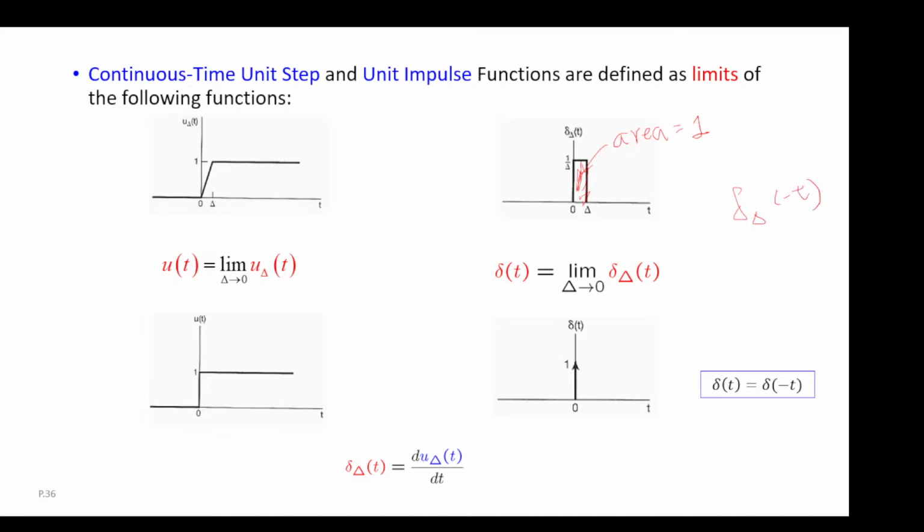It will look like a function that has a rectangle on the negative side, and if you take the limit of the triangle going to 0, you also get delta of t. There are a lot of different functions whose limit goes to delta of t, but they all have area 1.